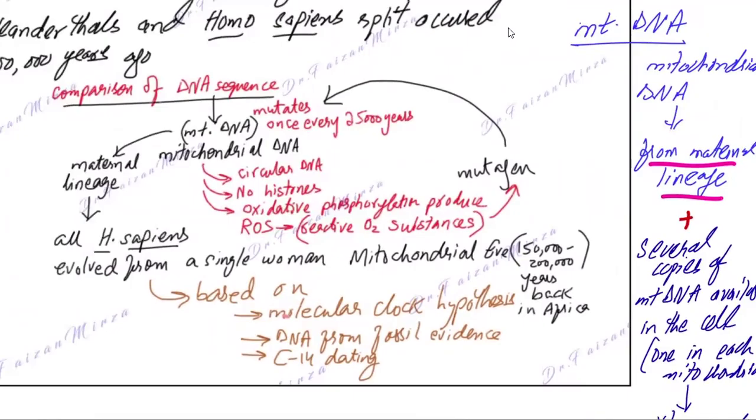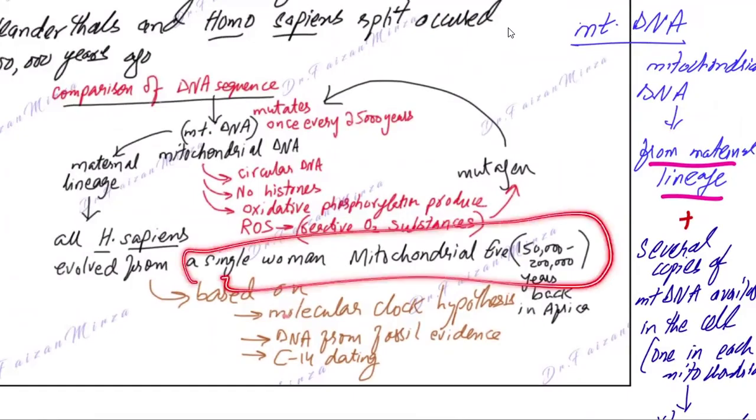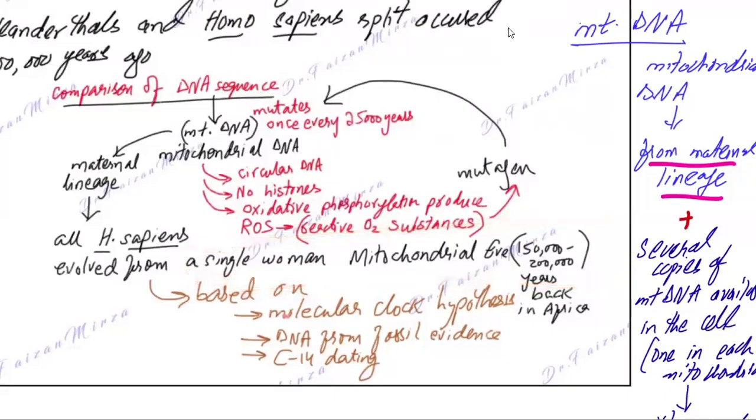This has been traced back, for instance, to a single woman, the mitochondrial Eve, who lived about 150,000 to 200,000 years back in Africa. This has been possible because mitochondrial DNA mutates at a very regular rate, about once every 25,000 years.